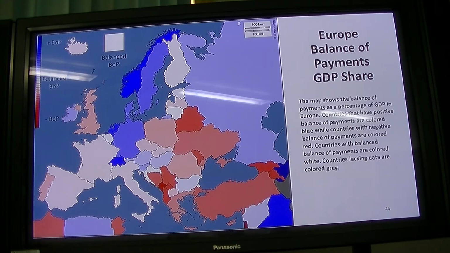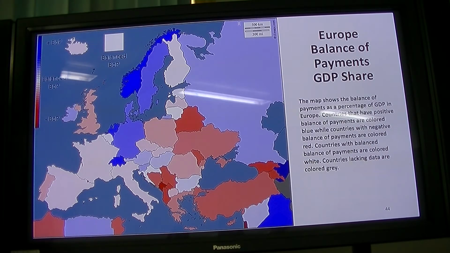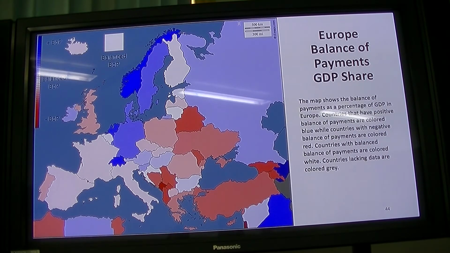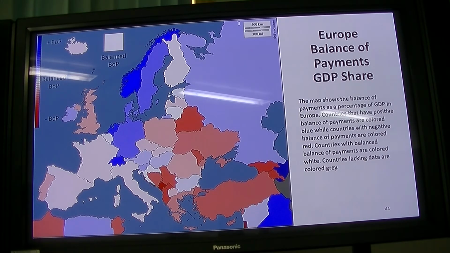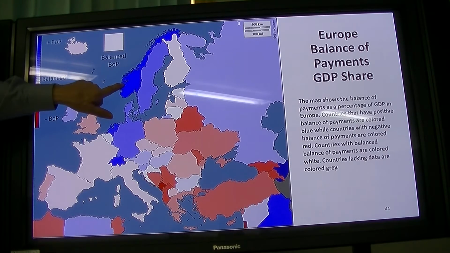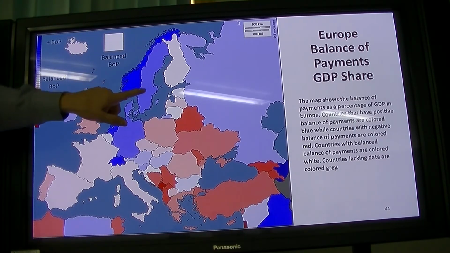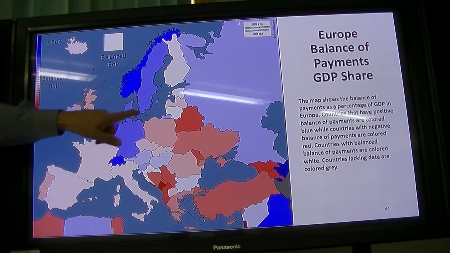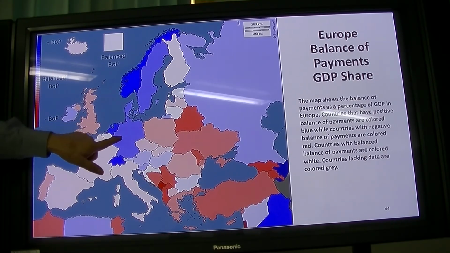Europe. The balance of payments: a lot of it, some of this is resource driven or manufacturing driven. Resource driven, that's the resource wealth. Germany is a great manufacturing nation like Japan.